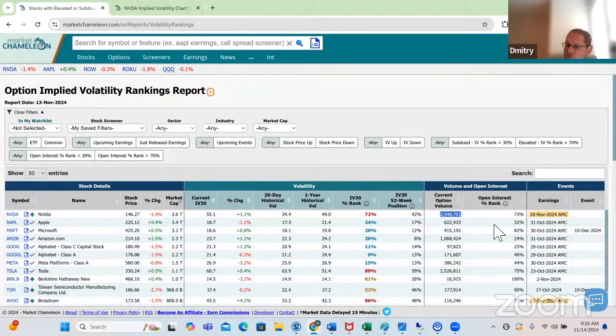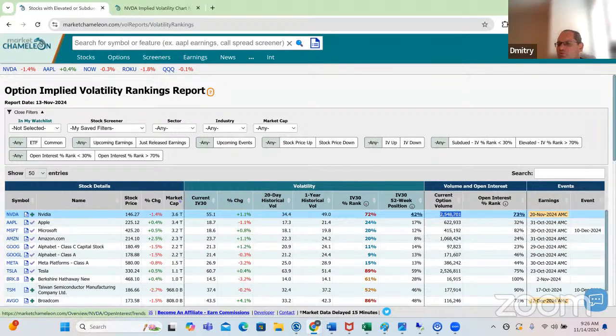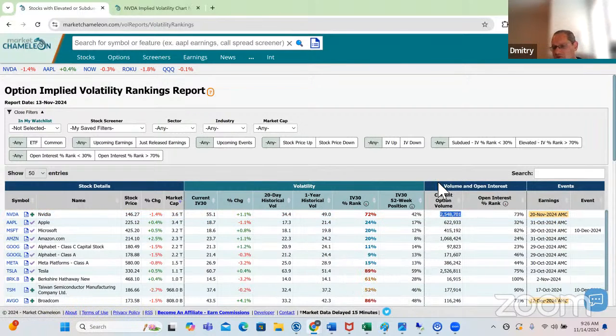Open interest percent rank. We put this in there because sometimes people know where the implied volatility is, and want to know how much open interest we have relative to history. If the open interest percentile rank is high, it means there's a lot of open positions. There's a lot of interest right now.